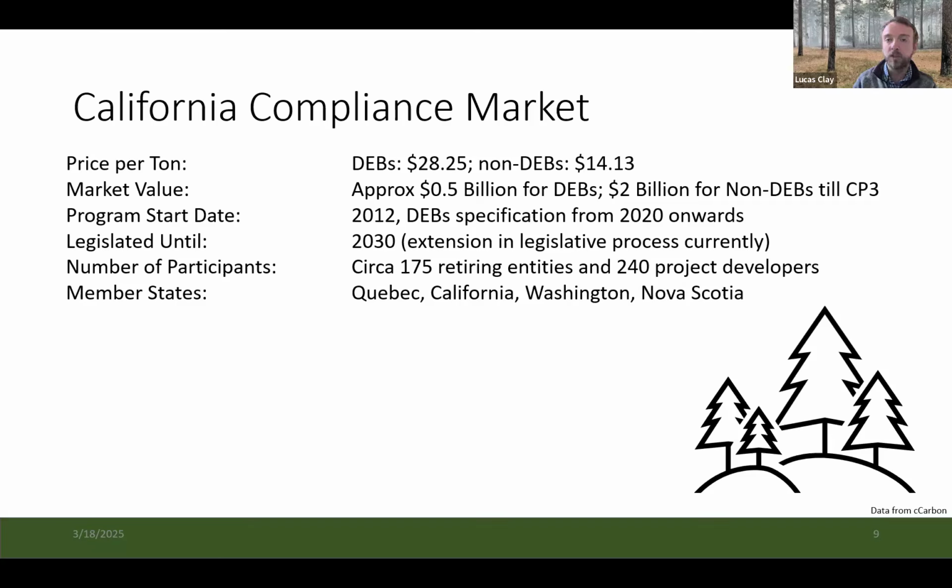The DEBs specification started in 2020, and this is currently legislated through the California Air Resources Board through 2030, but the extension in this process is currently ongoing. There are about 175 entities that are retiring credits, so they're purchasing these carbon credits, and then about 240 project developers.